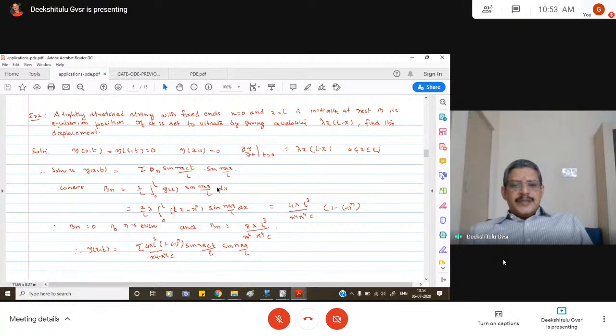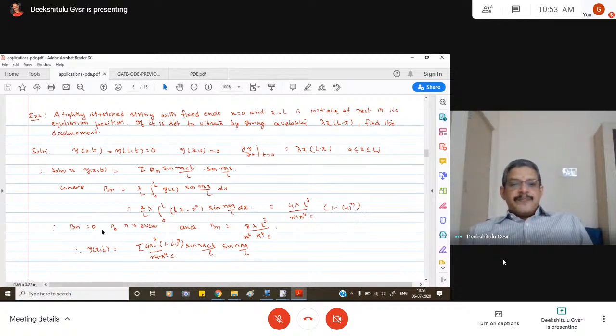So if you integrate this and simplify the whole expression, what we get is 4 lambda L cube by n power 4 pi power 4 c, into (1 minus (minus 1) power n).